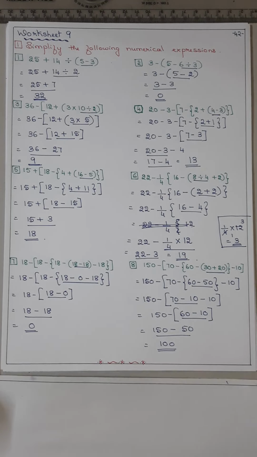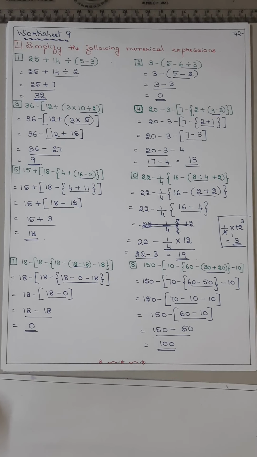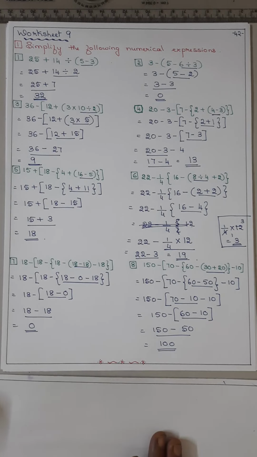They have to be simplified in that way. And DMAS, division, multiplication, addition, subtraction. When addition and subtraction are there, if subtraction is first, then you have to rearrange. Otherwise, the answer will be wrong. Okay?